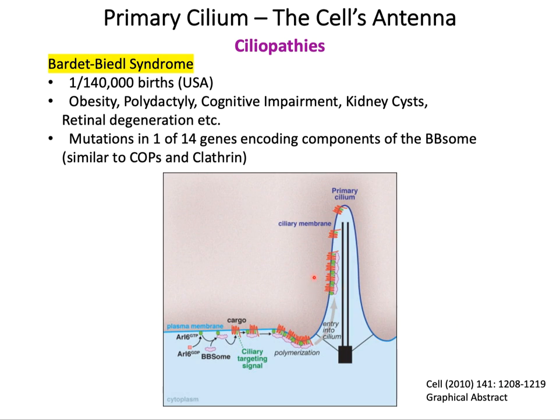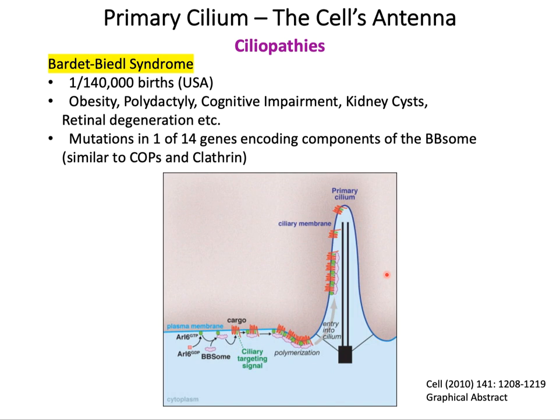So here you can see that in red, some kind of sensory receptor is being trafficked or delivered towards the tip of the primary cilium. You can see the cytosolic portion of the receptor interacting with the protein complex, the BBsome. It is the BBsome that participates in delivering those receptors to the surface of the cilium that can receive the signals.